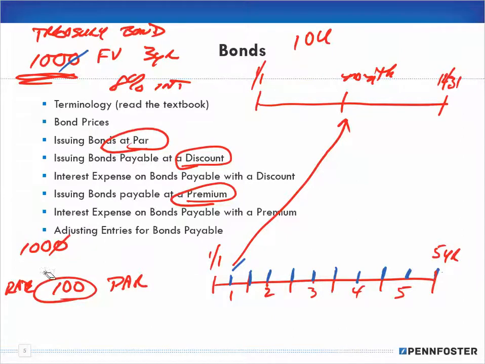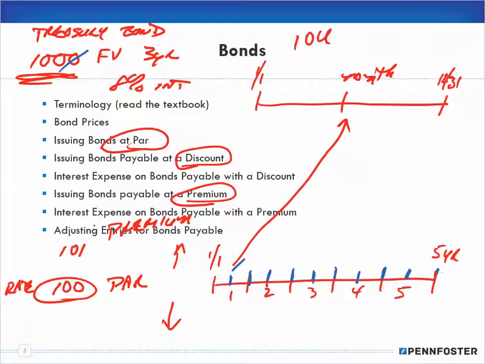Now, because it's on the open market, those bonds can be bought and sold, so the price can go up and the price can go down. If the price goes up to say 101, it is selling at a premium. Why? Because you're paying more for it than what you're going to get back for the face value of it.